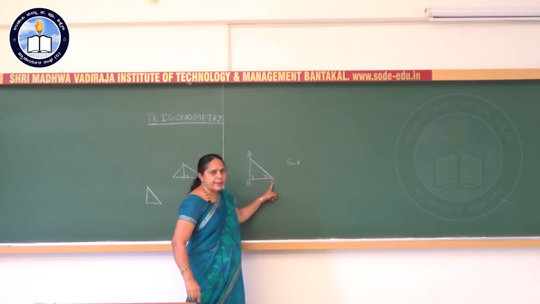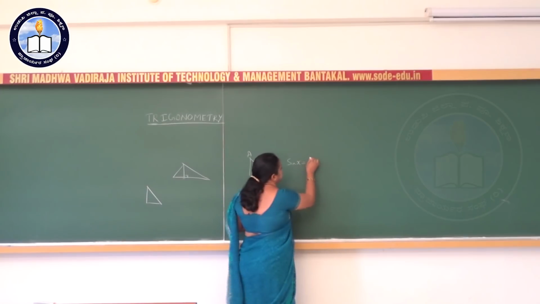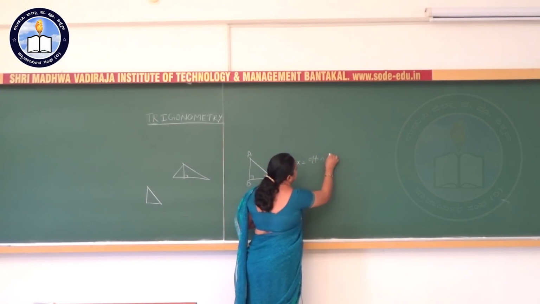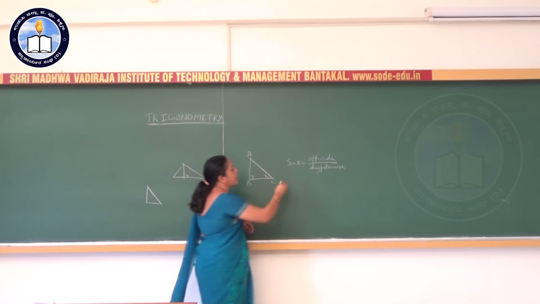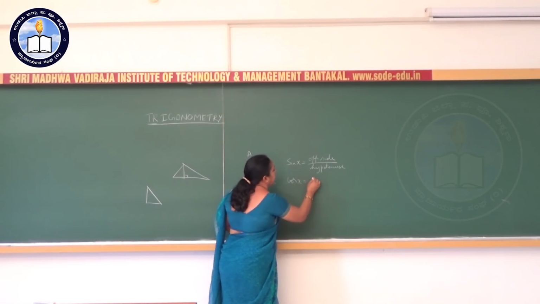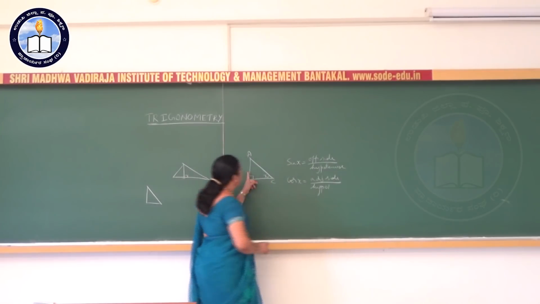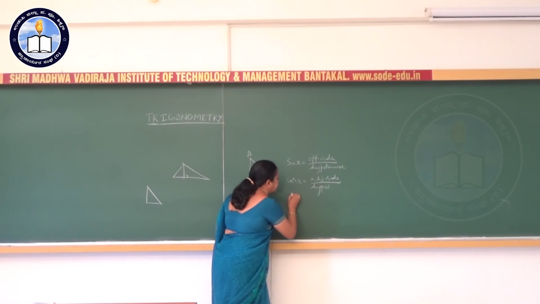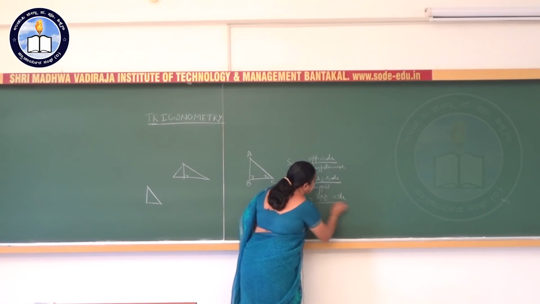Sin x is equal to opposite side to x divided by hypotenuse. Cos x is equal to adjacent side divided by hypotenuse. Tan x is equal to opposite side divided by adjacent side.